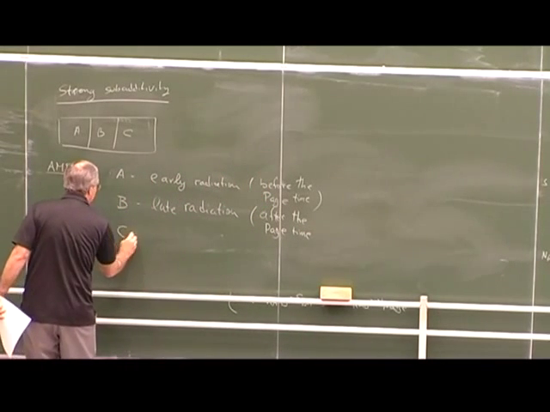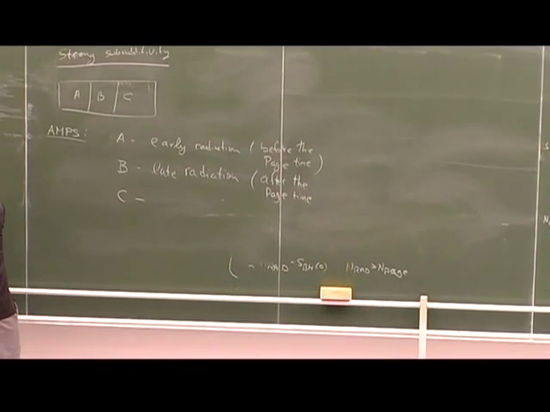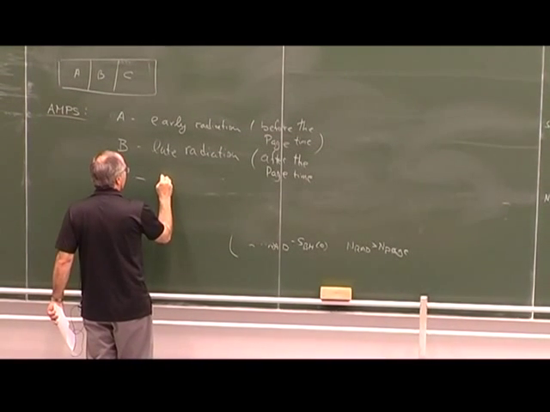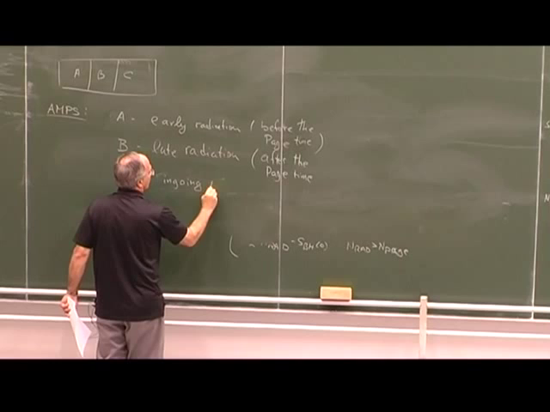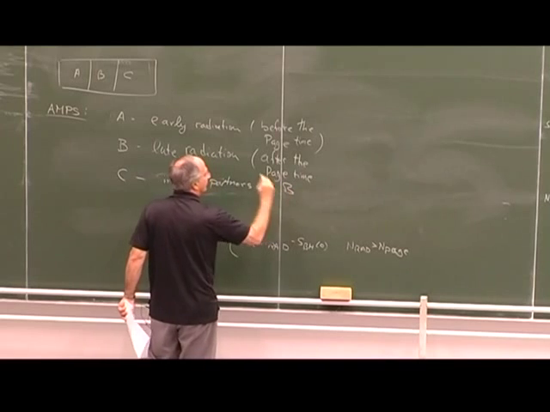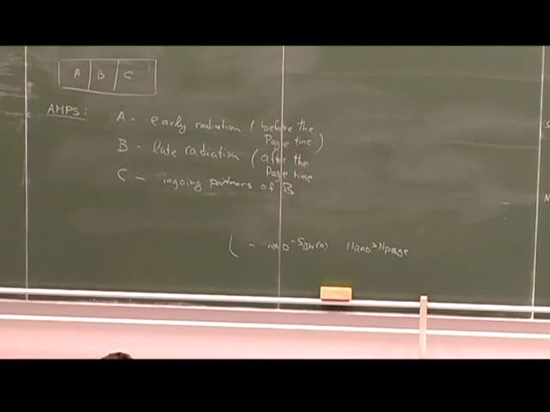And C are the ingoing partners of B. Okay? So the radiation that is already far from the black hole, the late radiation, and the ingoing partners of the late radiation. Is this clear?